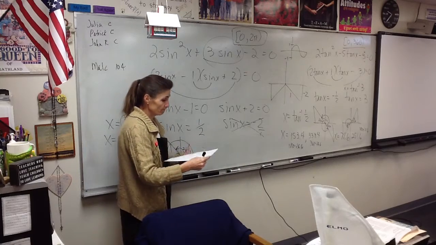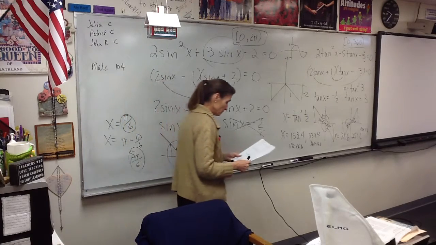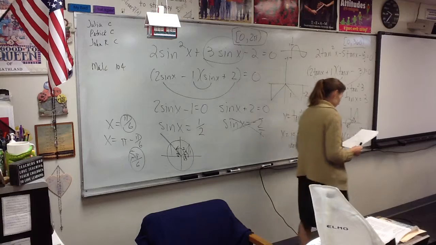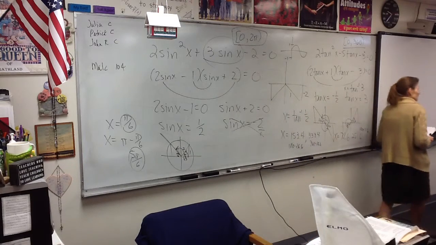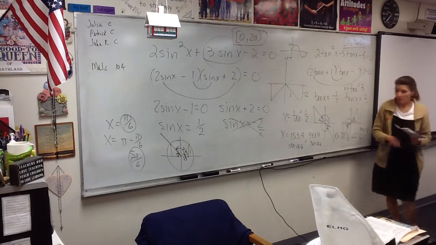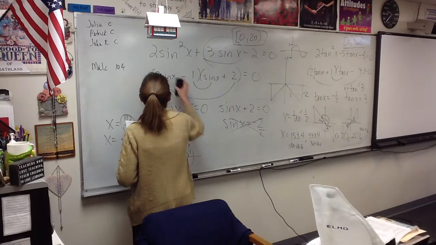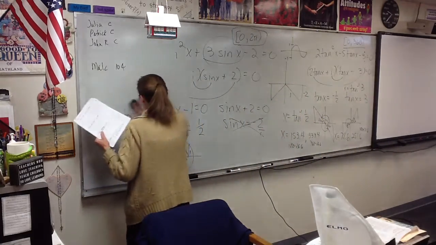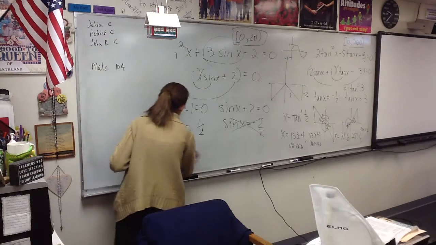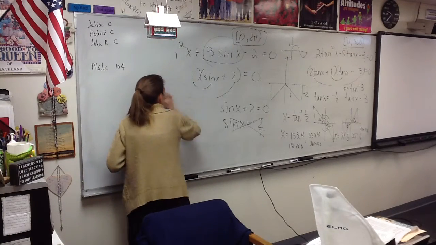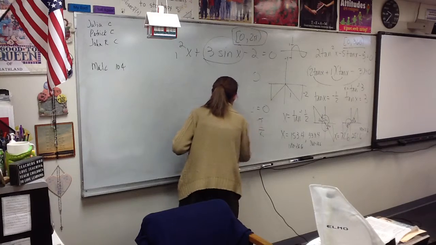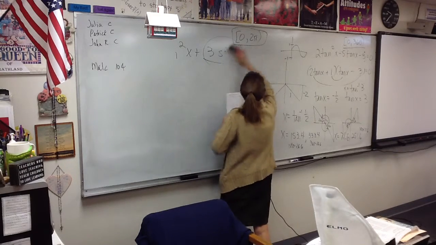Let's turn it over. All of this should be pretty comfortable for you, except maybe the first problem. We're not going to get this done. We're almost out of time, believe it or not.